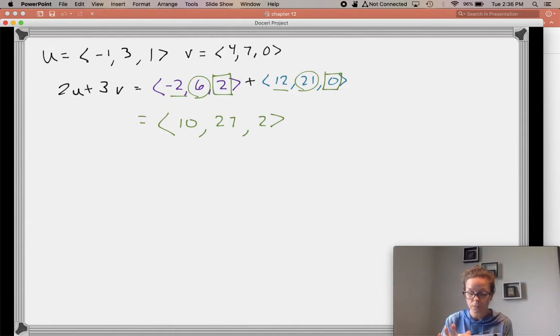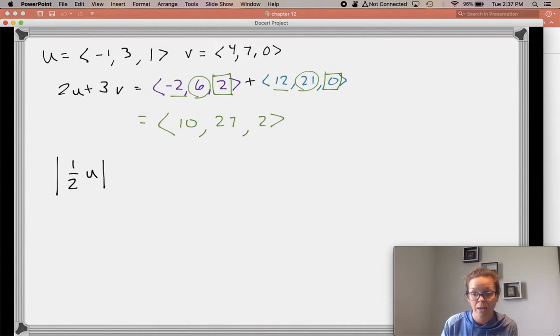Okay. If I wanted to find the magnitude of 1/2 of u, remember that those absolute value marks mean the magnitude. Multiplying by a scalar only changes the magnitude, so this is going to take the magnitude of u and cut it in half. You have two options.